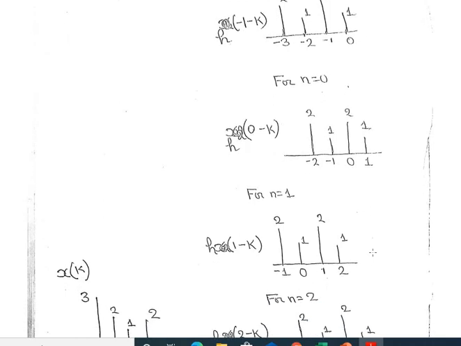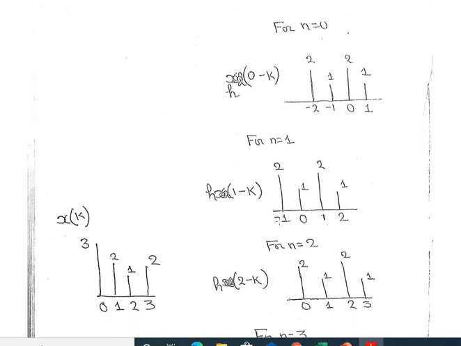Similarly, if we do h of 1 minus k, then our sequence starts from minus 1 and ends at 2. So it is shifted 1 unit to the right hand side. Similarly, h of 2 minus k: if we do a 1 right hand side shift, this sequence starts from 0, and the magnitude values will be the same.